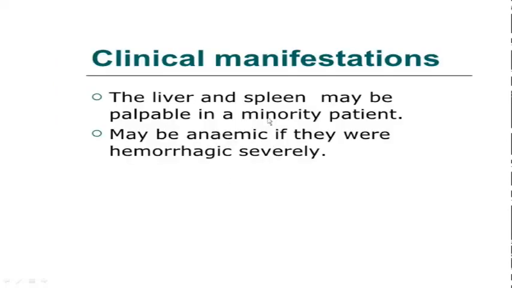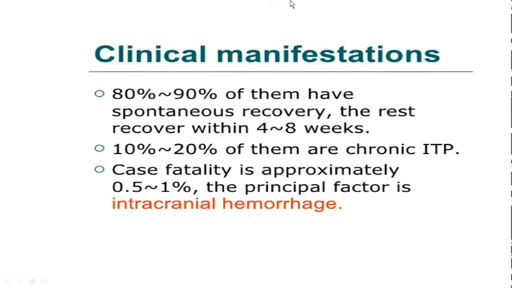The liver and spleen may be palpable in a minority of patients, but not necessarily, and they can be anemic if the hemorrhage is very severe. Usually in the clinical course, almost 80 to 90% of patients with ITP have a spontaneous recovery, while the rest recover within 4 to 8 weeks, and around 10 to 20% of these children convert into chronic ITP.